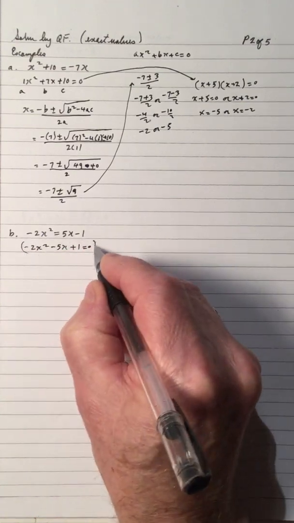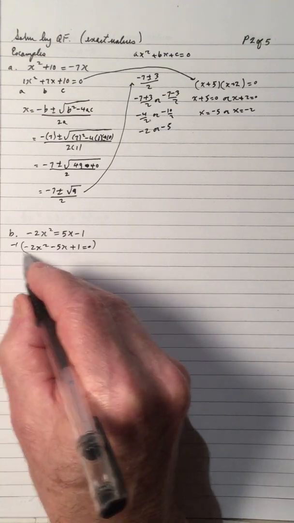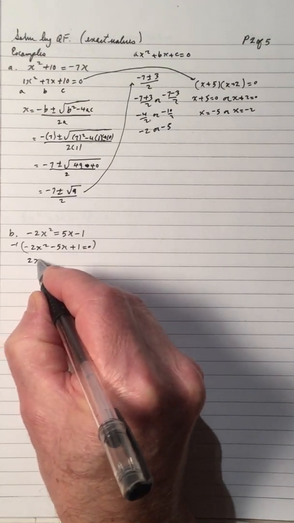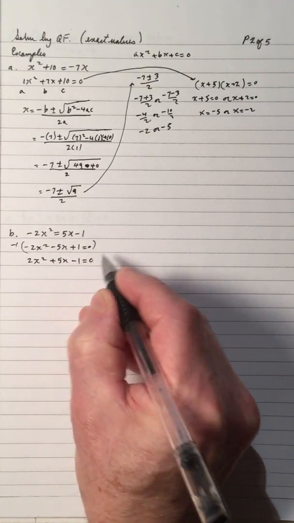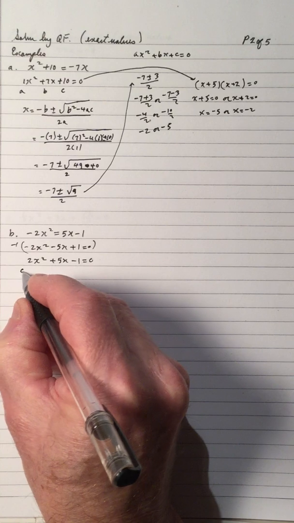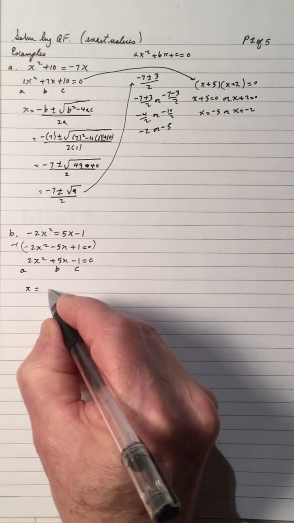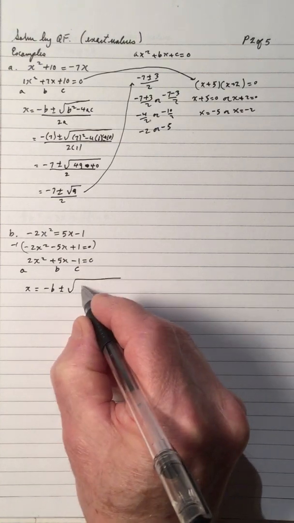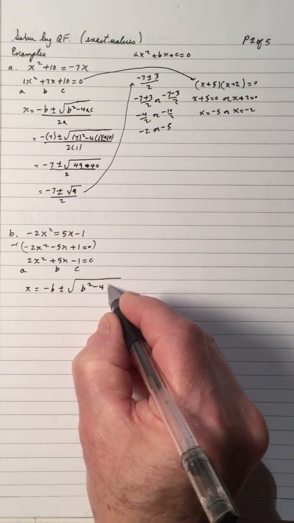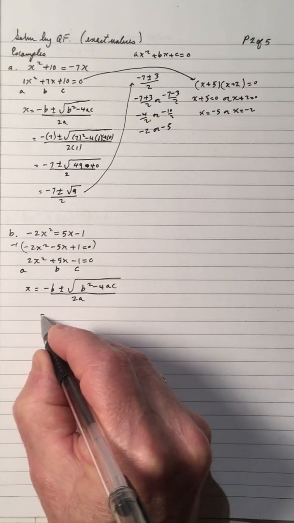I do not want a to be negative, so I'll multiply every term by negative 1. So it's 2x squared plus 5x minus 1 equals 0. A is 2, b is 5, c is negative 1. x equals negative b plus or minus square root b squared minus 4ac all over 2a.